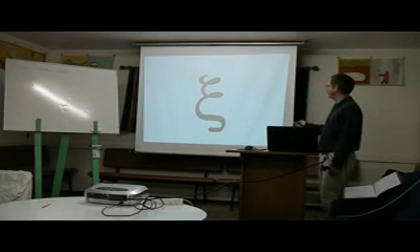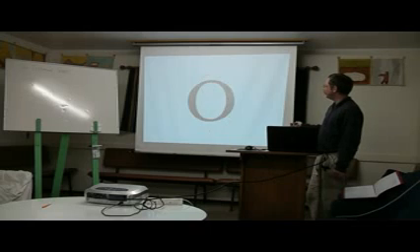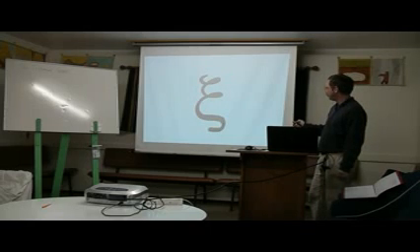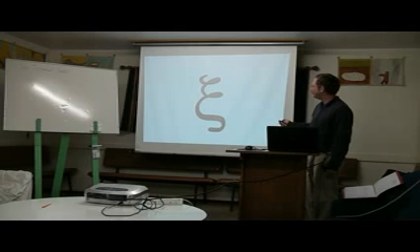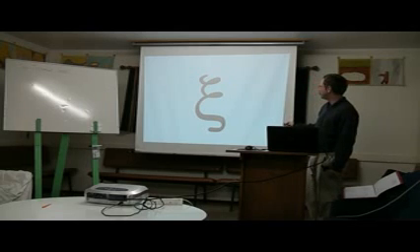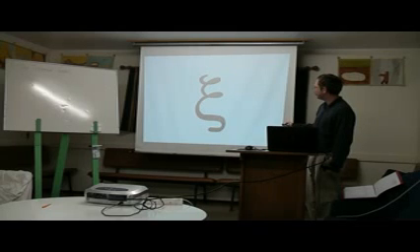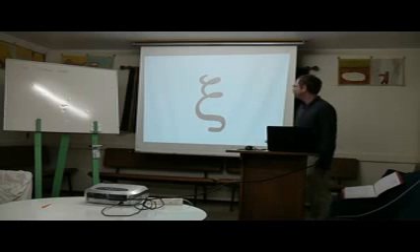Lowercase is a slightly more complex form than the zeta. It's like a curve and another loop and another curve.